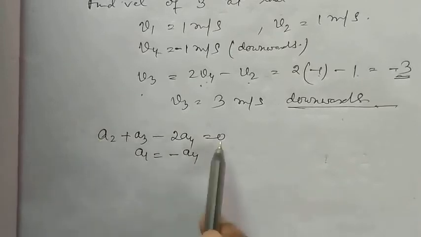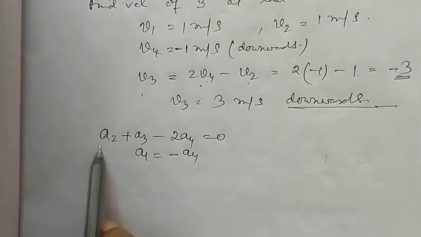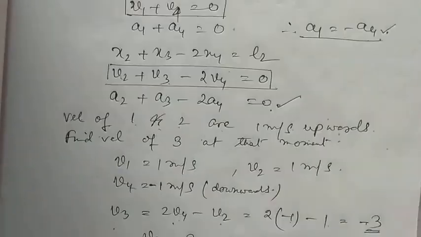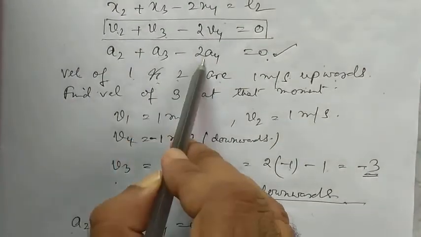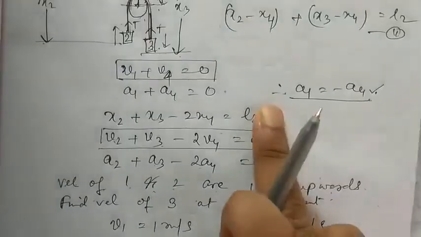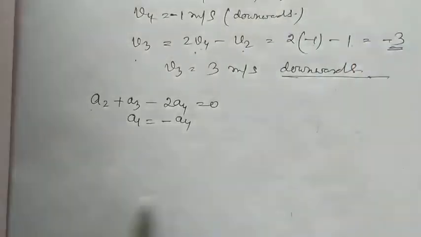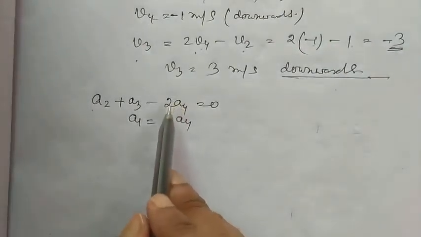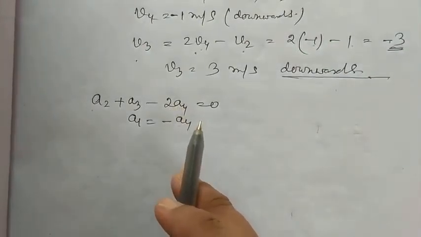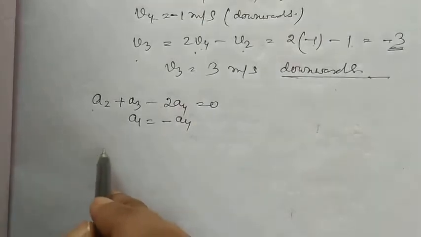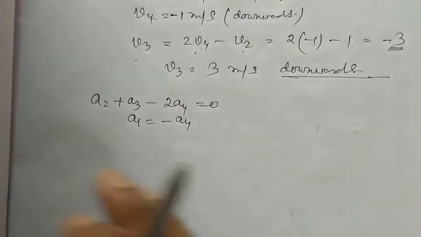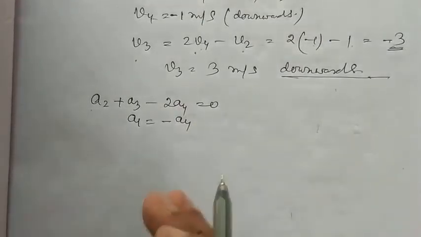These are the two acceleration relations that we have found out: a2 plus a3 minus 2a4 is equal to 0, and another was a1 is equal to minus a4. So here we have to eliminate a4. We don't need the acceleration value of the pulley. We need the relation between the accelerations of the 3 blocks and not the pulley.